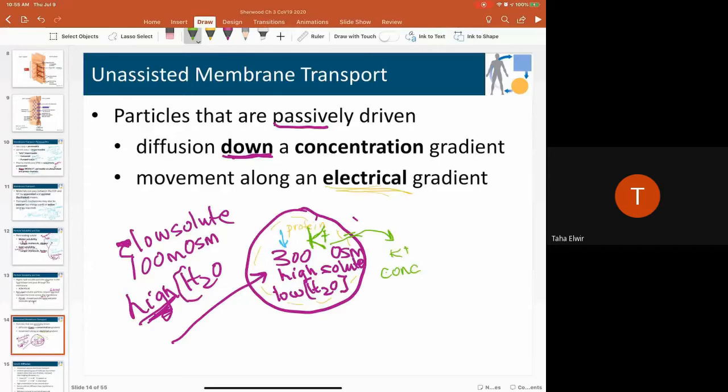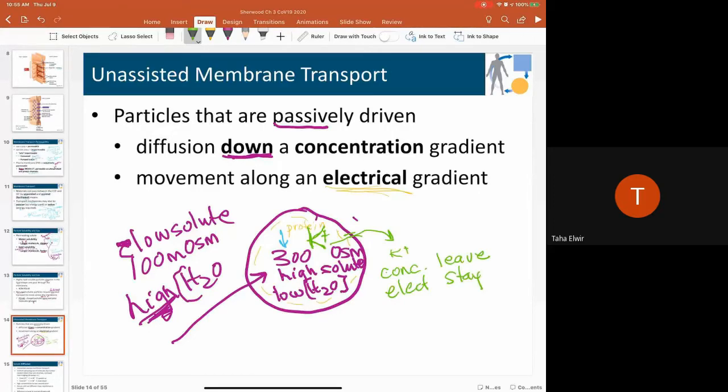So concentration-wise, it wants to leave, but electrically, since potassium is a positive charge and the inside of the cell is negatively charged, it wants to stay.